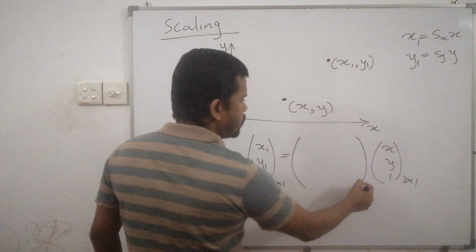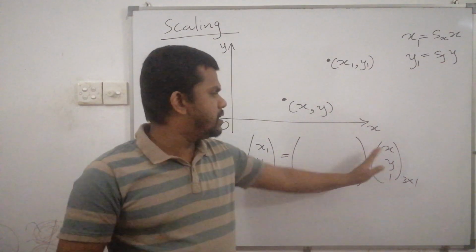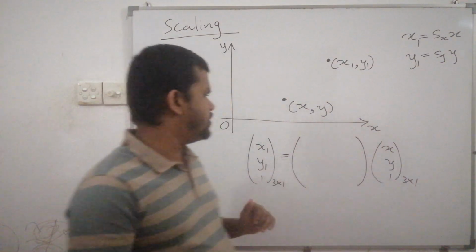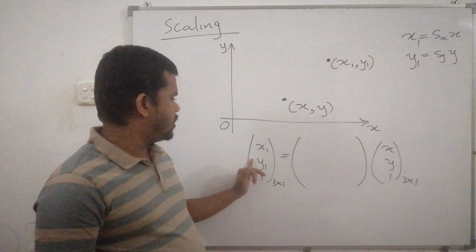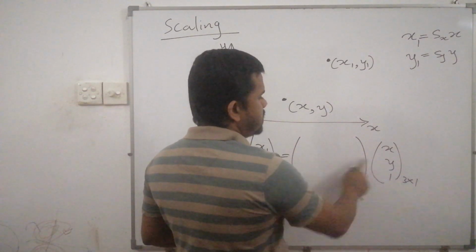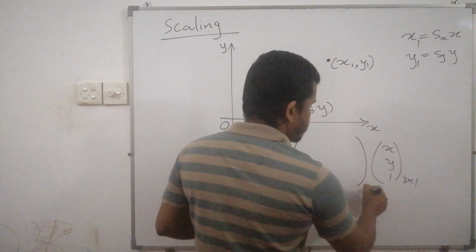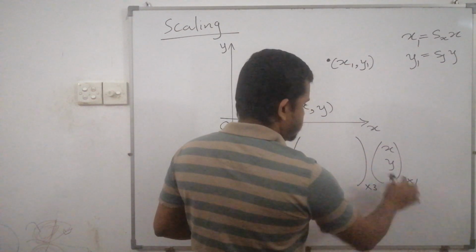Now we have to find a matrix such that multiplication of these two matrices gives this matrix. In order to be able to multiply these two matrices, the type should be something cross 3.